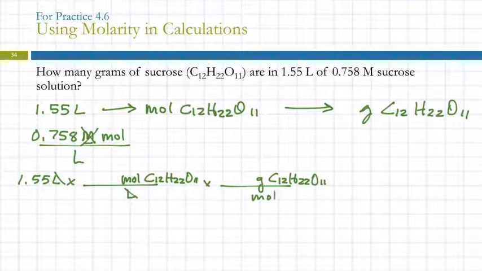And I'll be dividing by moles. So this one here, moles per liter, that's the concentration, the molarity. The 0.758 is with the unit mole. So here I'm multiplying 0.758 moles per liter. And then I need the molar mass of sucrose. So I have to calculate that.